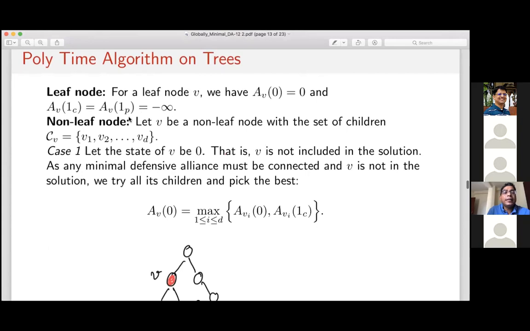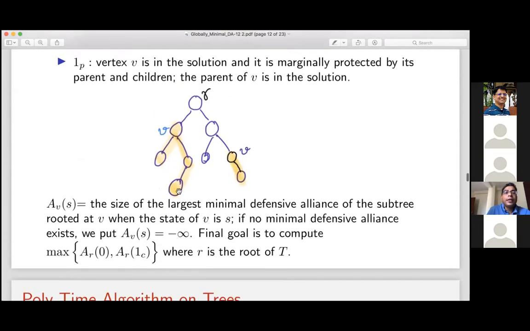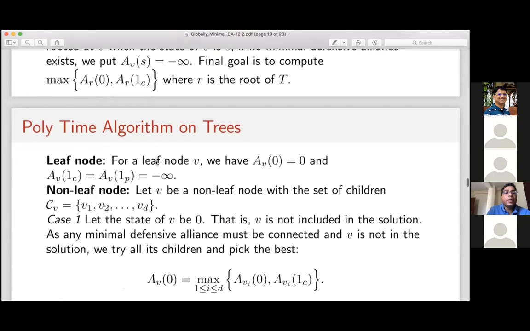I said that the minimal defensive alliance can't contain a vertex of degree 1, so I can't include a degree 1 vertex in my solution. That's why it is minus infinity, because it's a maximization problem.